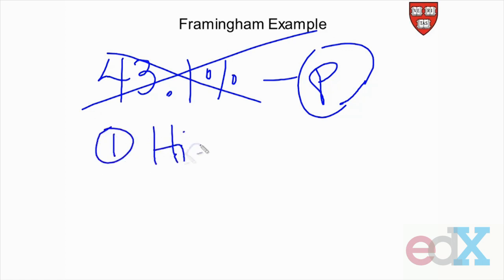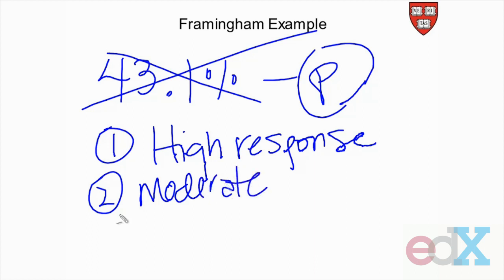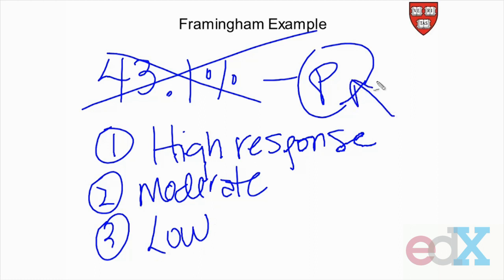One, where we had a high response rate. So this is where a large fraction of those 400 people came back to retest. And then in setting 2, we would have a moderate response rate. In setting 3, a low response rate. And we're going to look at how much bias we see in our estimate of the prevalence of high cholesterol. So go ahead and open up Stata and we'll get started.